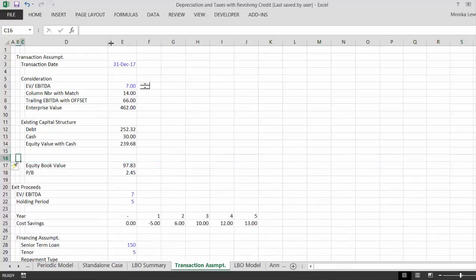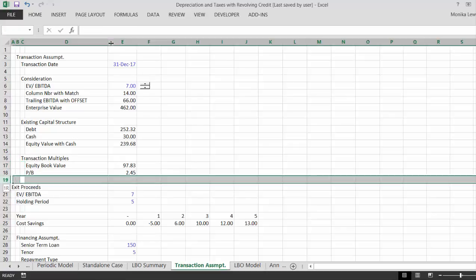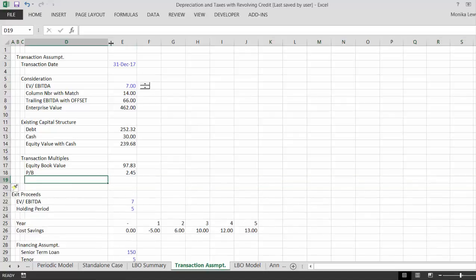Why don't we call this transaction, and let's also compute the PE ratio.